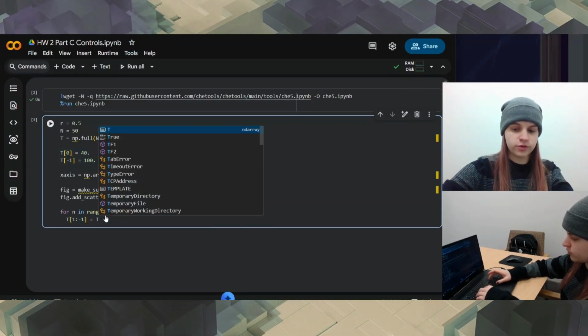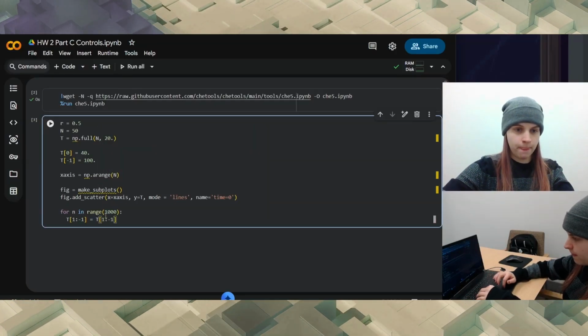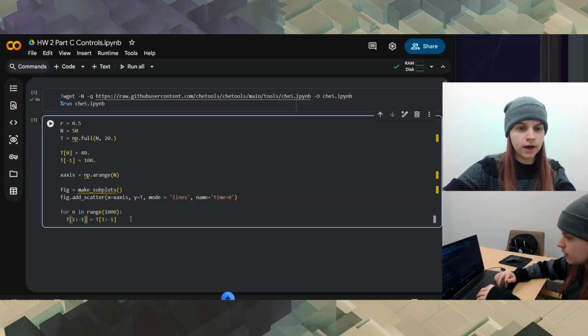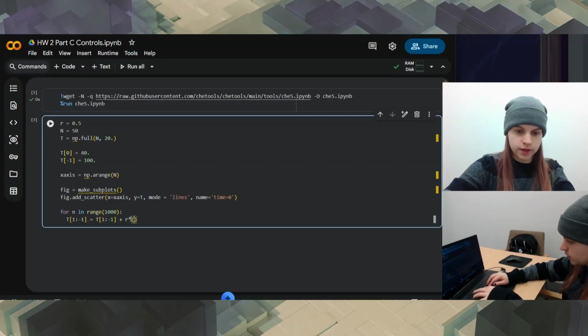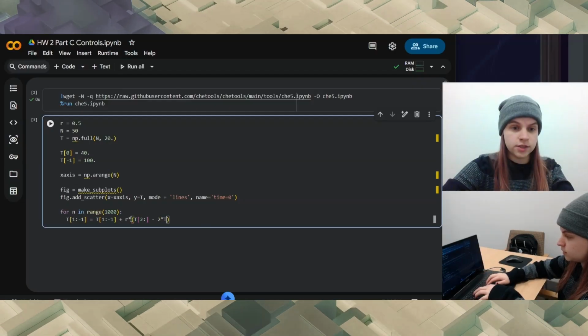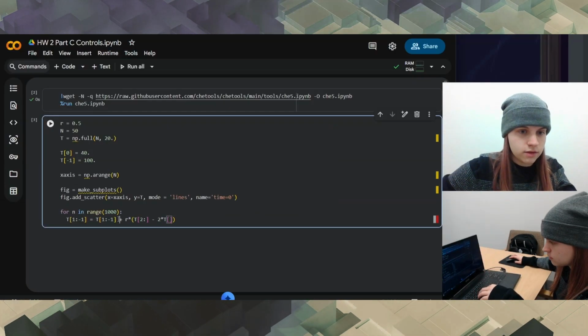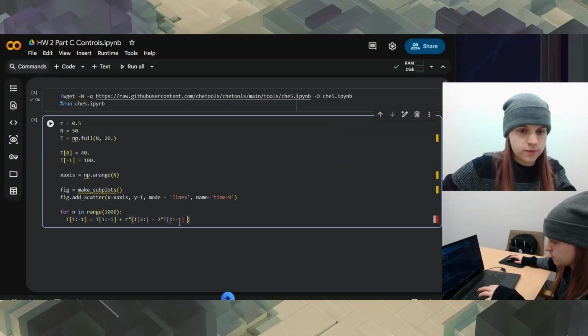Set this equal to T plus R multiplied by this T subtract 2 times T. I'll just copy and paste that.